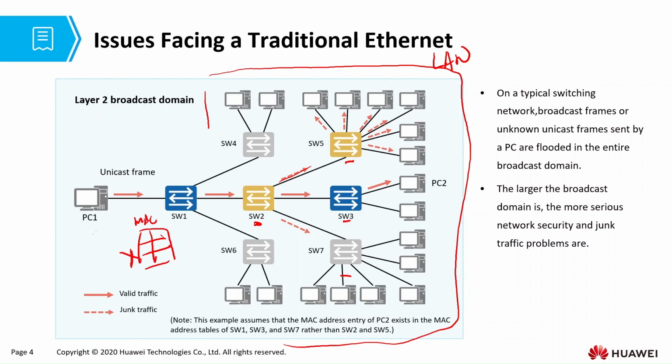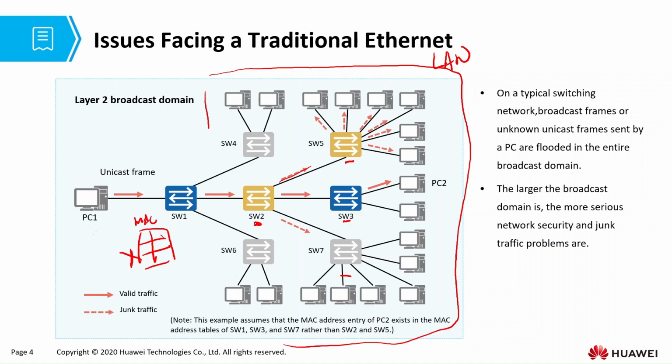So it is a waste of your network resources, because first you consume a lot of network bandwidth, and also you will receive a lot of junk traffic. They are going to broadcast.